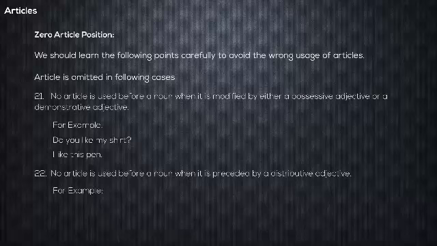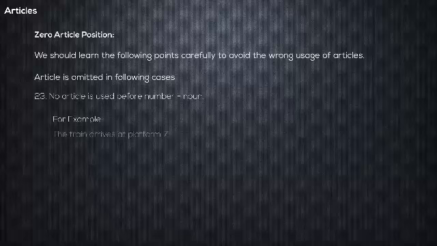For example, every student got a prize. Each student was present in the hall. 23rd. No article is used before a number followed by a noun. For example, the train arrives at platform 7. I want shoes in size 10.